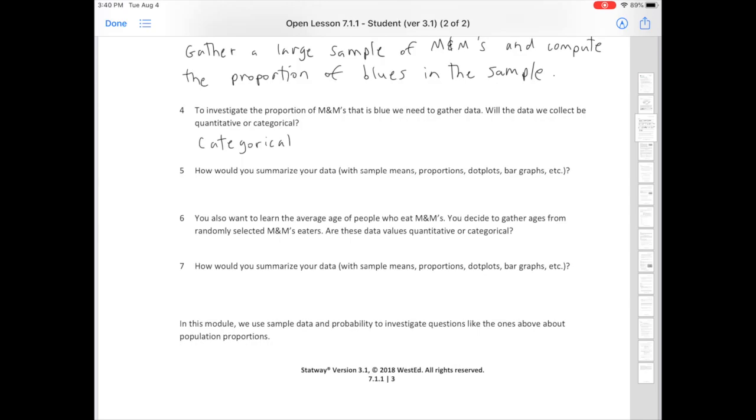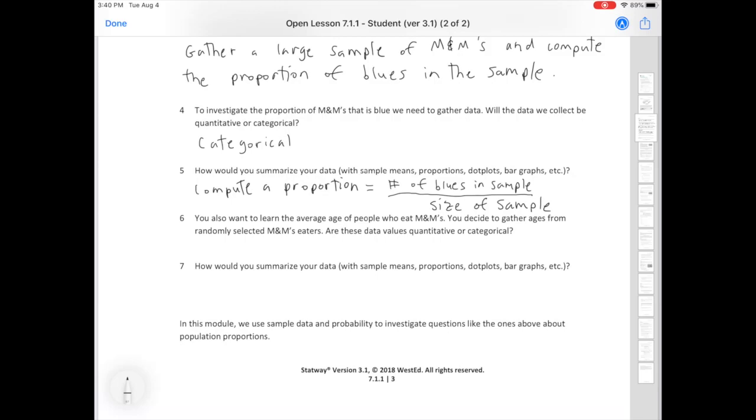So let's compute a proportion. What is a proportion? Let me write this down. It would be the number of blues in the sample divided by the size of the sample. So that's what we are going to be doing.